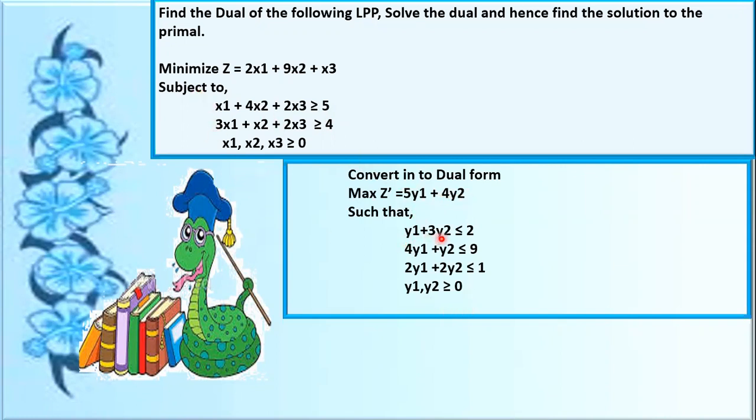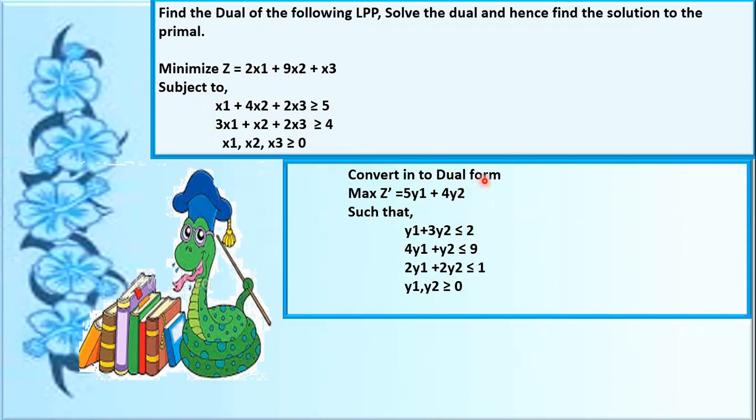Columns will become rows. The sign will change in the dual form. And the coefficients in the objective function will become the RHS in the dual form.